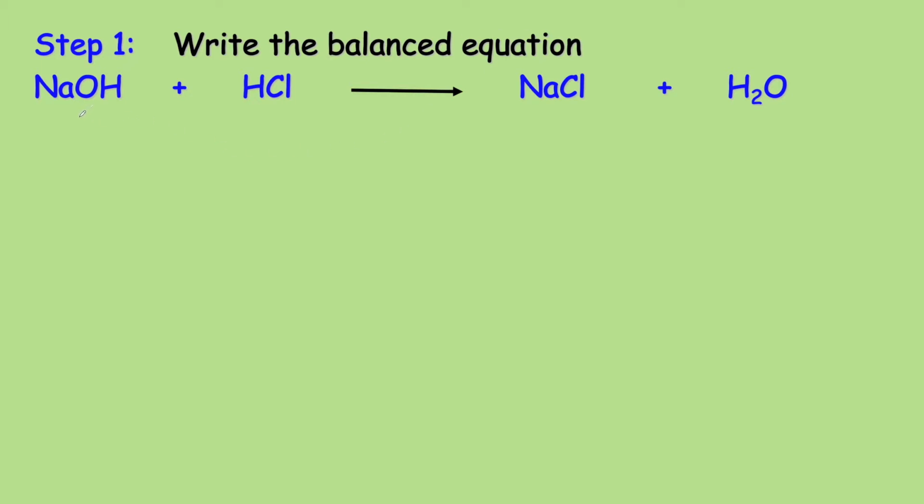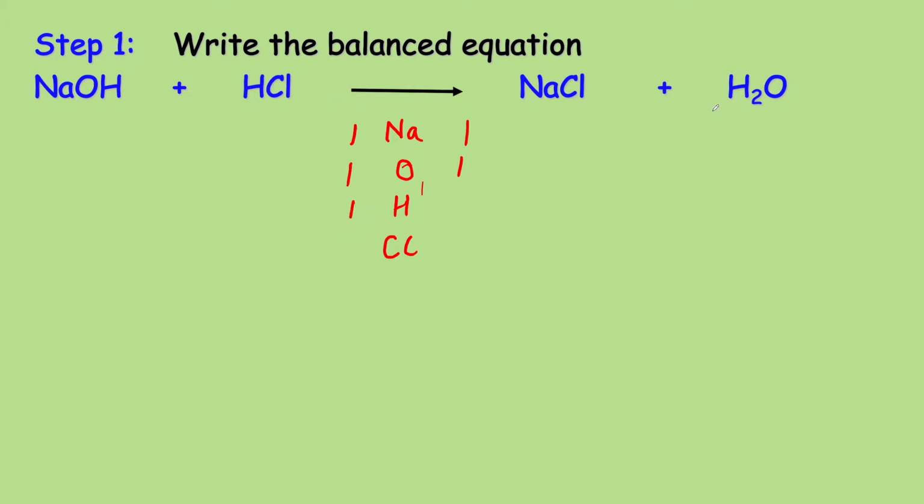Now what we would do is check that the equation is balanced, and we do that with our usual method of writing what elements are present and checking how many there are. How many sodiums do we have on that side? 1. How many on that side? 1. How many oxygens? 1. How many oxygens? 1. How many H's?